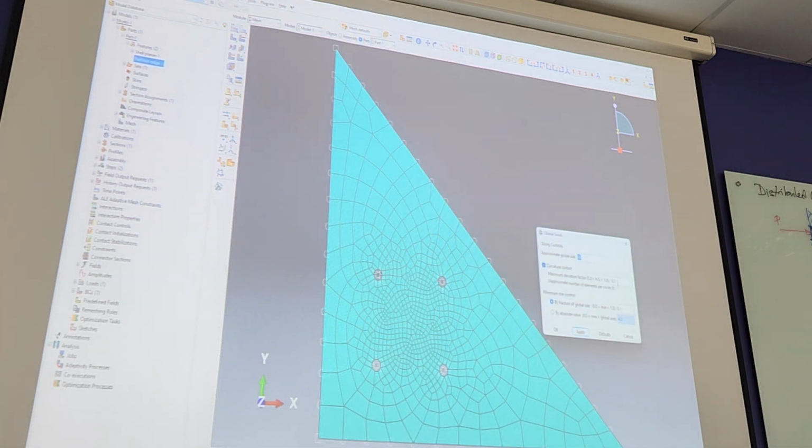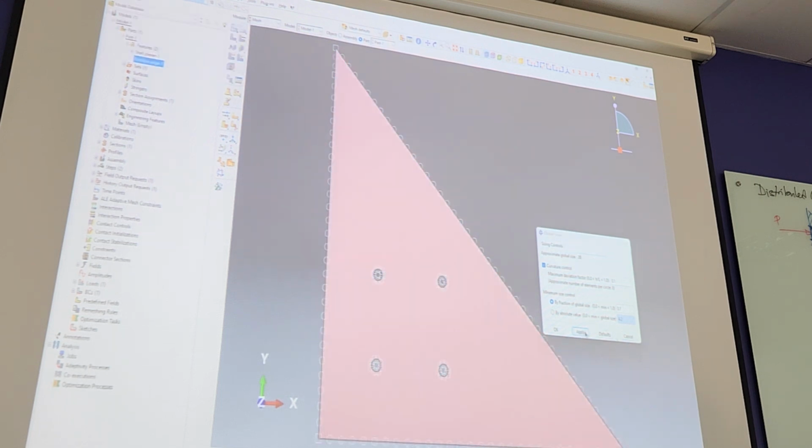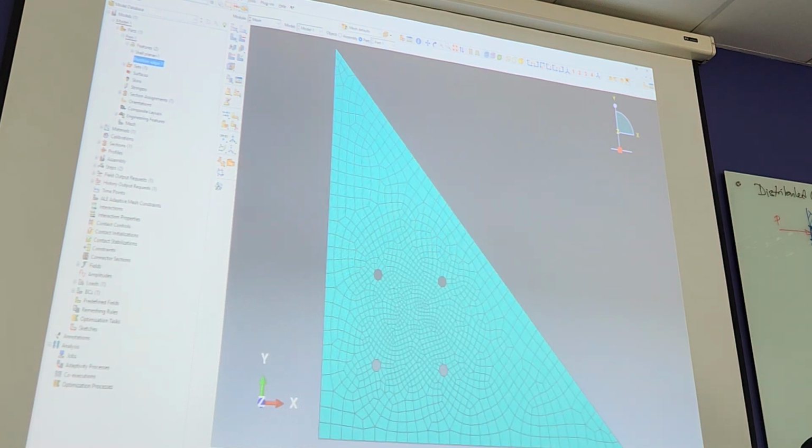So one first thing would be to reduce element size. And let's see what we have there. Okay, a little bit better, yeah.